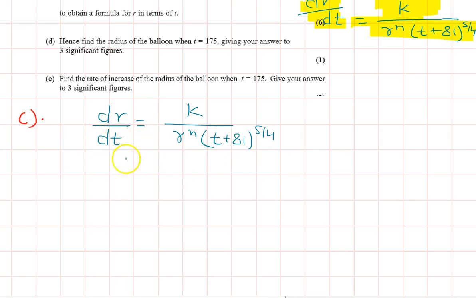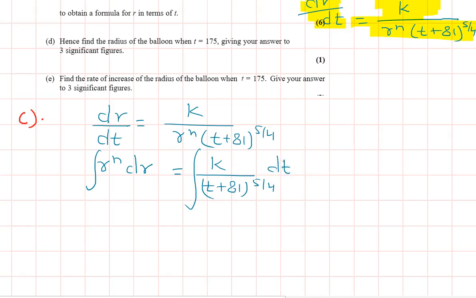So this equation can be written as r to the power n dr is equal to k over t plus 81 to the power 5 over 4 dt.